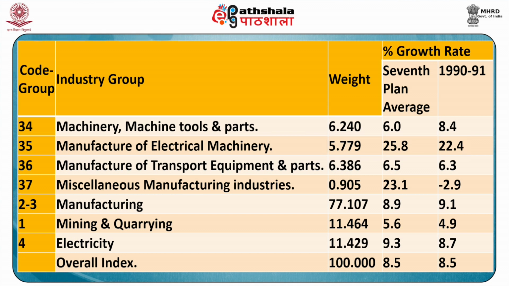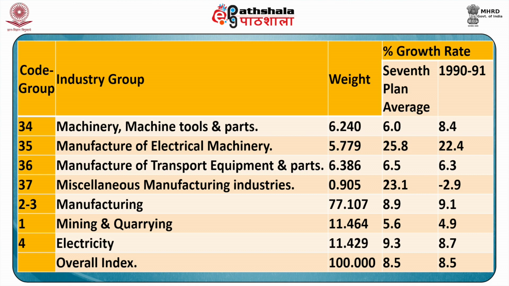Its weight was 5.779 with a growth rate of 25.8% in the 7th 5-year plan and 22.4% in 1990-91. Next, manufacture of transport equipment and parts. Its weight was 6.386 with a growth rate of 6.5% in the 7th 5-year plan and 6.3% in 1990-91.